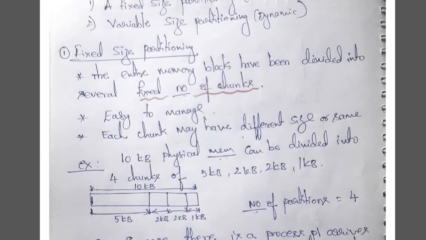When we divide the memory into a number of chunks, they need not always be the same size. Suppose you have 10 kilobytes, it is not needed to divide that into two equal parts of 5 KB. The chunks may be divided into different sizes, such as one block of 5 kilobytes, a second block of 2 kilobytes, a third block of 2 KB, and the fourth of 1 KB.